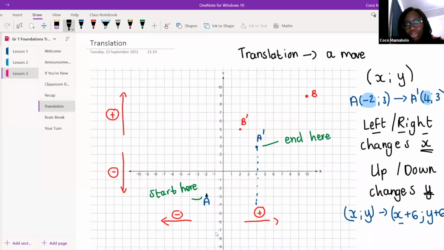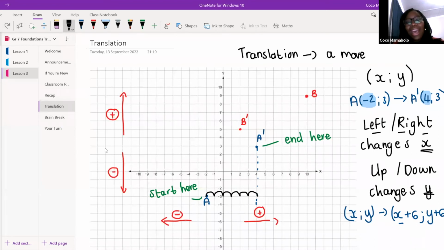So I'm going to count 1, 2, 3, 4, 5, 6. You see how I moved 6 times to the right. And when we move to the right, we write a plus. You see that? When we move to the right, we write a plus.